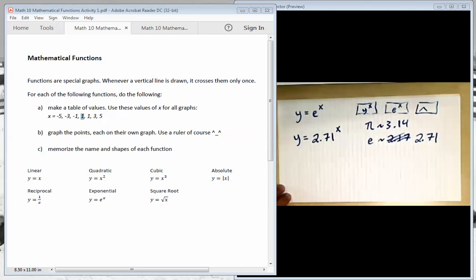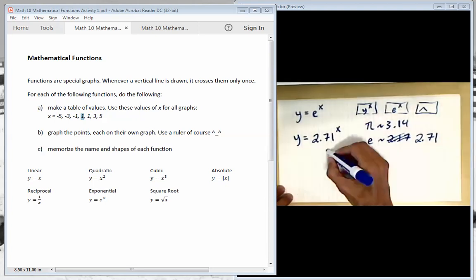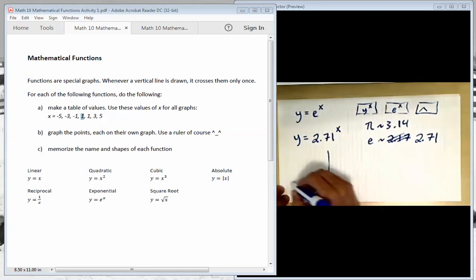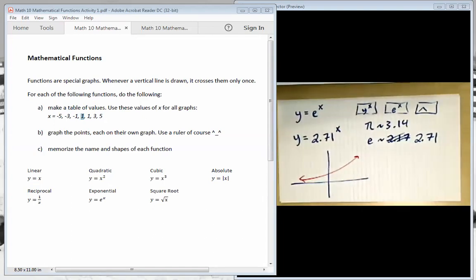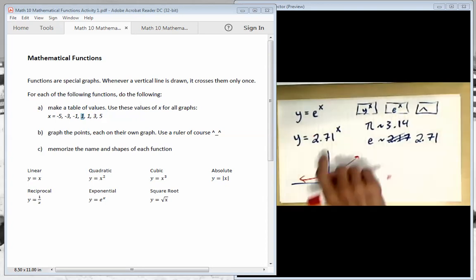Okay. The picture, when you work this out, it's going to look like a ski jump. It's going to look like this. What about the numbers? Yeah, they're going to be weird just because it's 2.71.